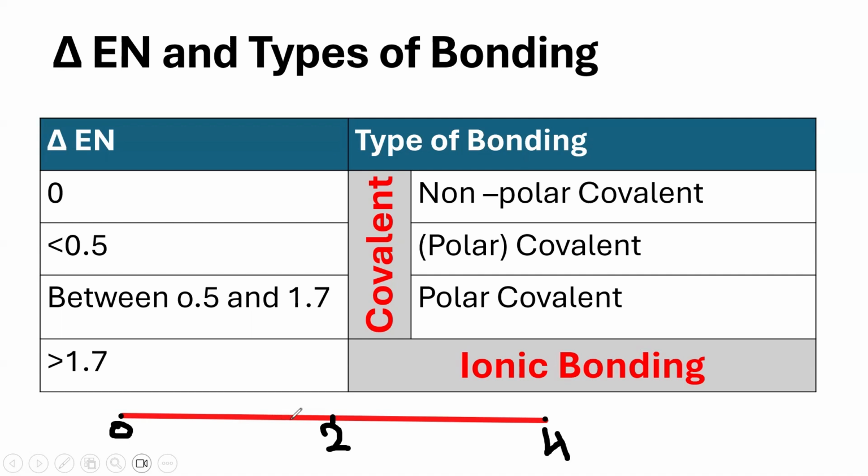And 1.7 is a critical point, because below this value it's covalent bonding, and above this value is ionic bonding.